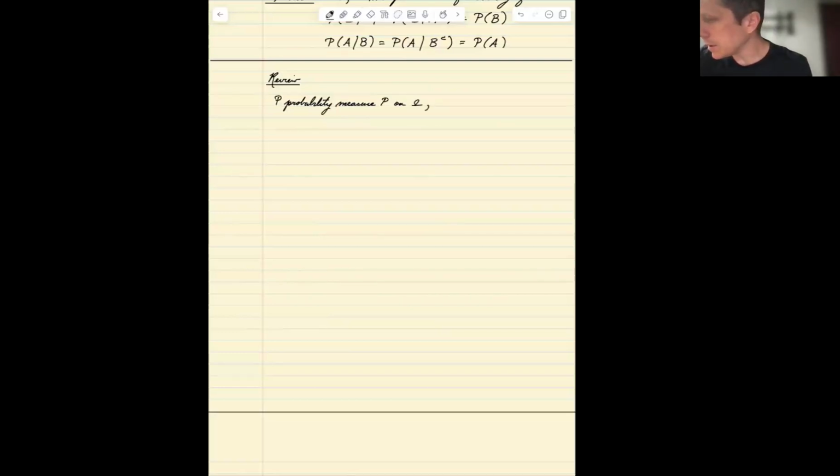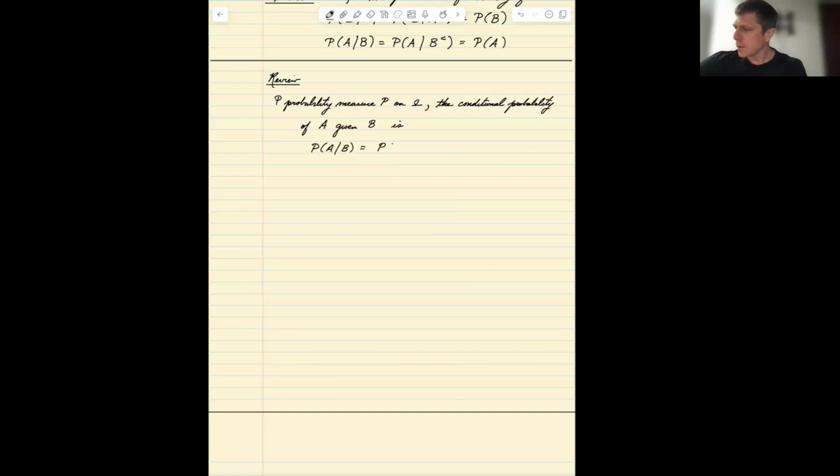The conditional probability of A given B is defined by the probability of A intersect B divided by the probability of B, provided that the probability of B is positive. Otherwise, we can define it to be whatever we want.